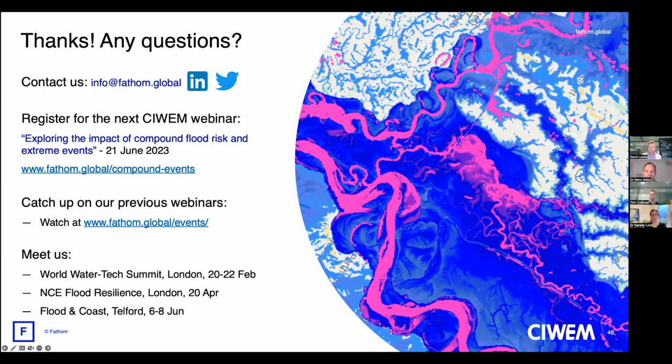And the ISIMIP methodology provides a framework for bias adjustment and then also statistical downscaling of climate model data. So it aims to reduce the biases, but it aims to preserve the original climate signal, which is obviously what we're interested in if we're looking at climate change. So yeah, we bias adjust that data, and we do assume that the biases in the future will be the same as in the present day.